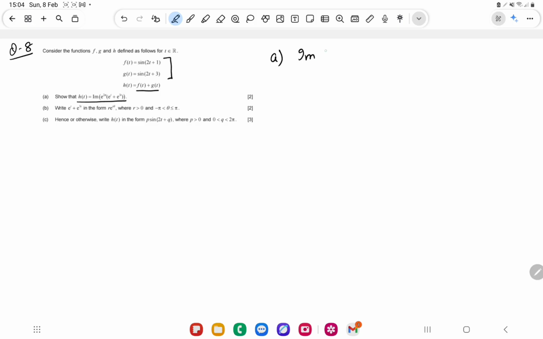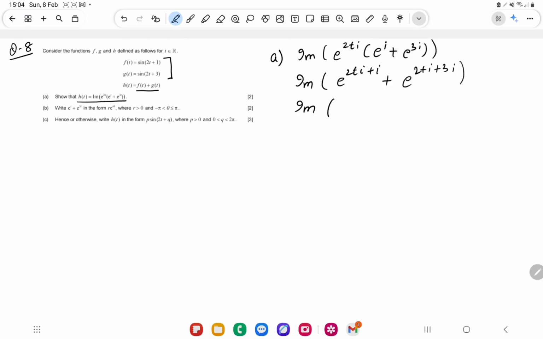So if I write the right side of the question, I will try to open the brackets. So this will be plus i e to the power 2ti plus 3i. On further solving, I can take i common. So it will be 2t plus 1, plus again I can take i common, 2t plus 3.